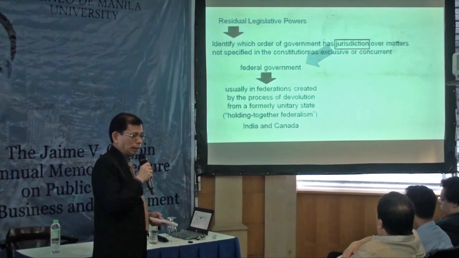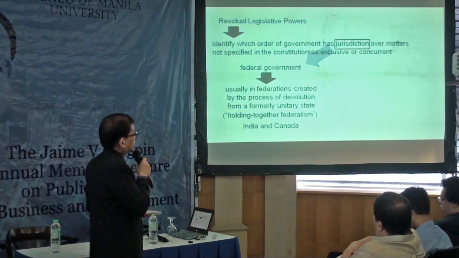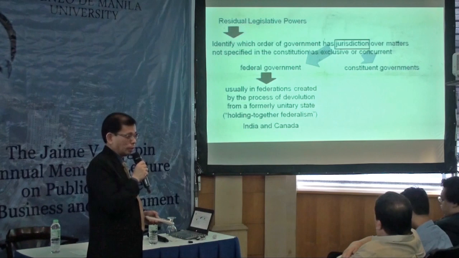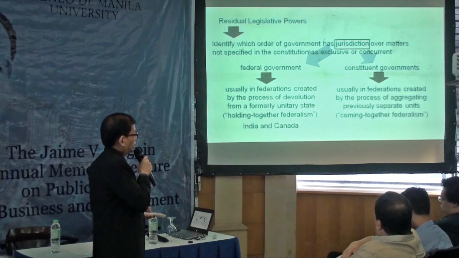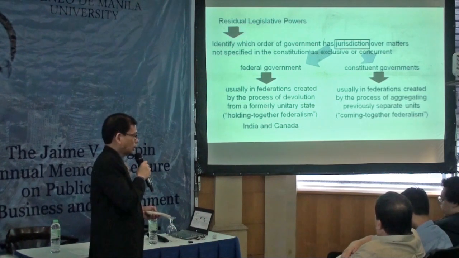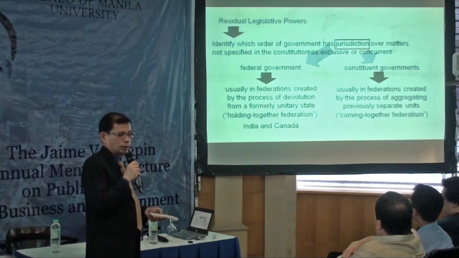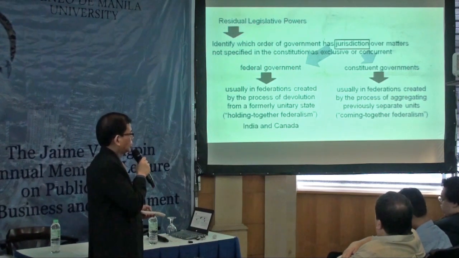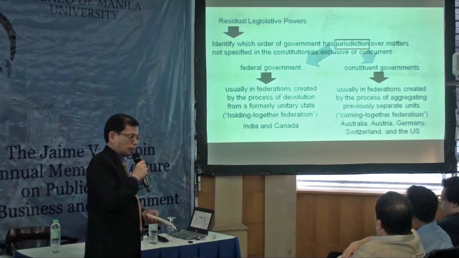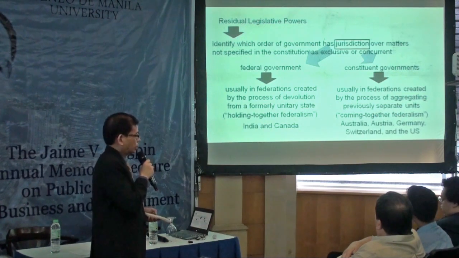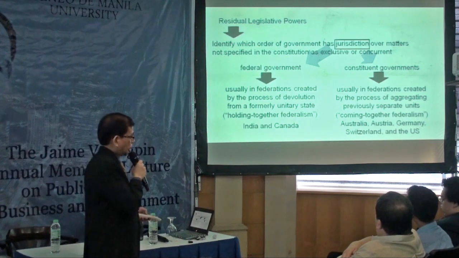Examples would be India and Canada. Or it could be given to constituent governments, usually in federations created by aggregating previously separate units, identified in the literature as coming together federalism. Examples would be Australia, Austria, Germany, Switzerland, and the United States.